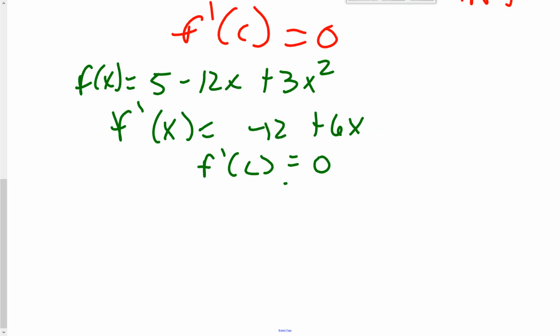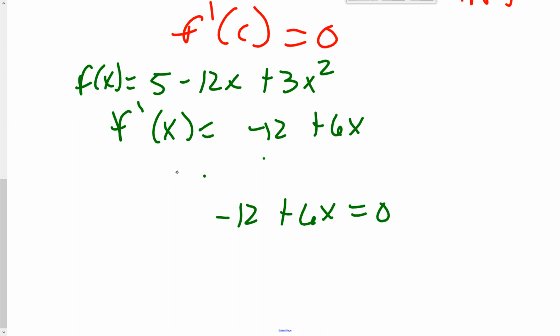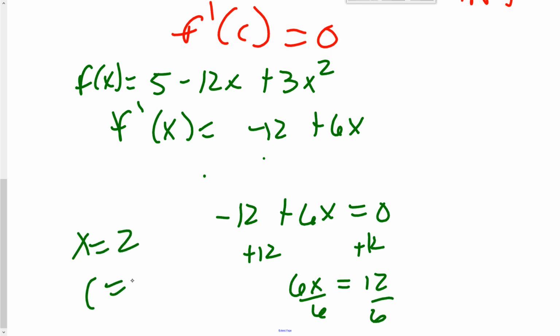So if you want to change x to c right now, you can, but it doesn't really matter. So I'm going to set it equal to 0. Okay, and then I'm going to solve for x. So x equals 2 or c equals 2. Okay, so that's the value that makes my derivative equal 0.